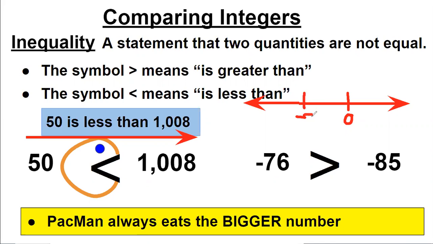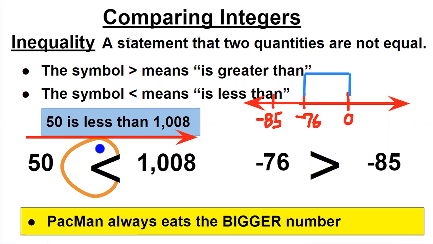Negative 76 is going to be closer to 0 than negative 85, right? So negative 76, because it's this much closer to 0 than negative 85, negative 76 is the bigger number.